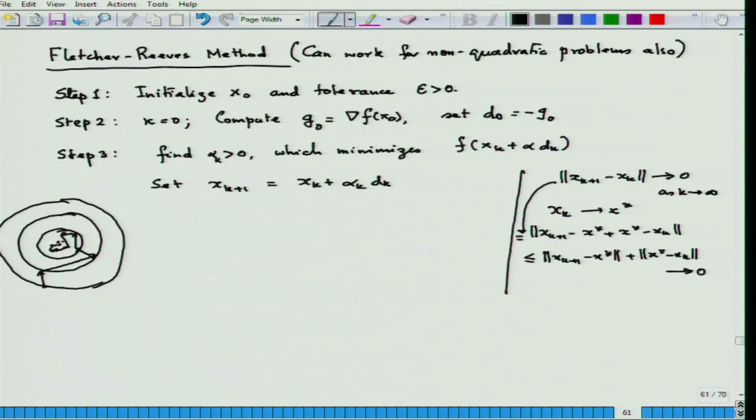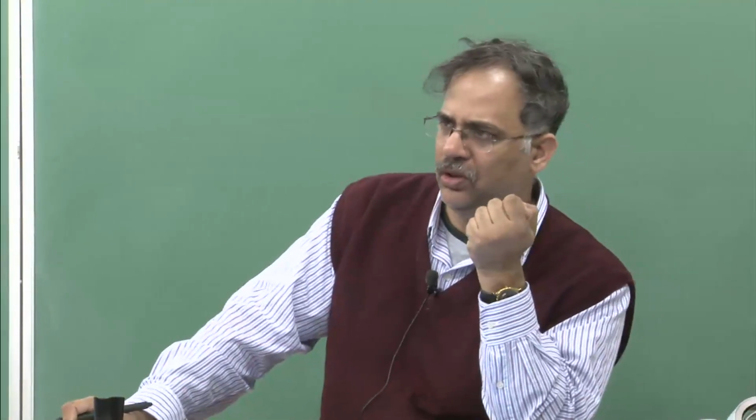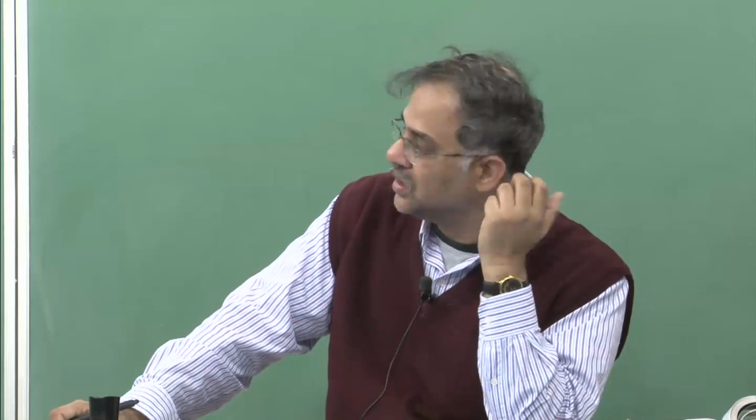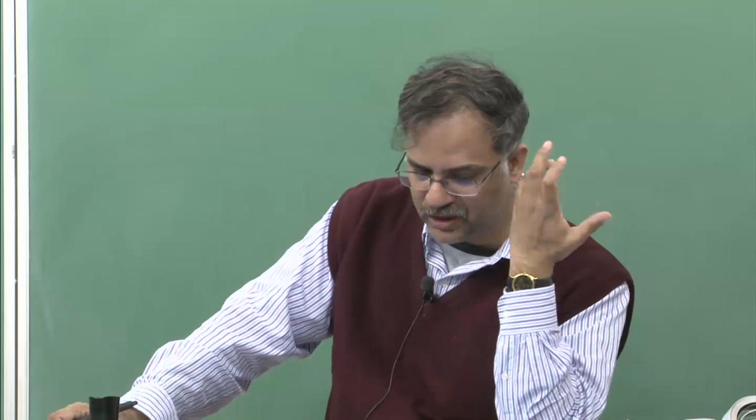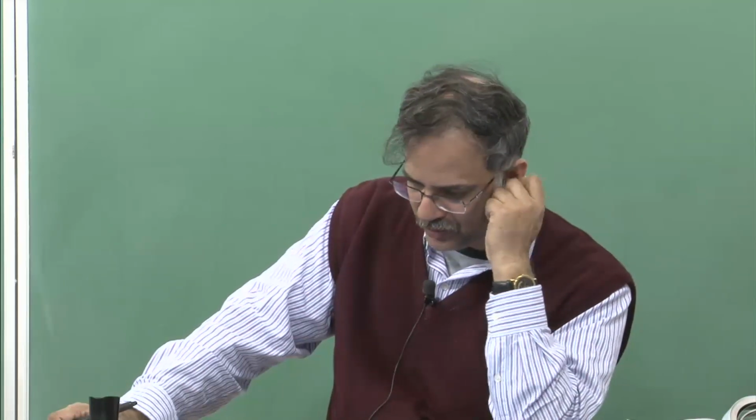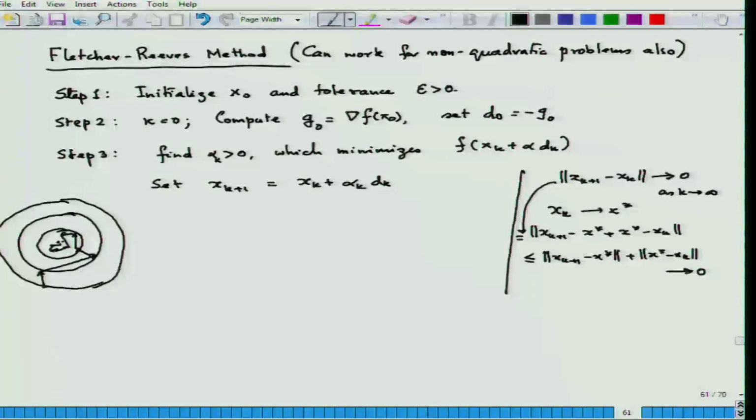So, if I can show that the distance between two consecutive iterates becomes very small, I am basically trying to show that it is a Cauchy sequence in some sense. Then I know that it will converge towards the solution. So, for k sufficiently large, if this distance is very small, then I am almost near the solution and I can stop there.